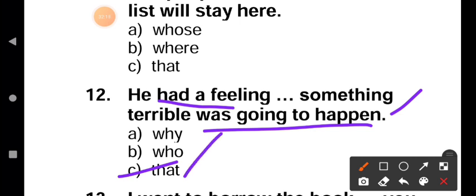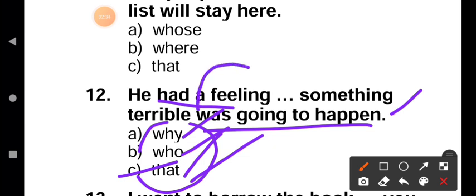We select, you think among only the three options, not others. Why is for this, who is for persons, and that is for things other than persons. A feeling is an abstract noun. Yes, he had a feeling that something terrible was going to happen. That is the right answer.